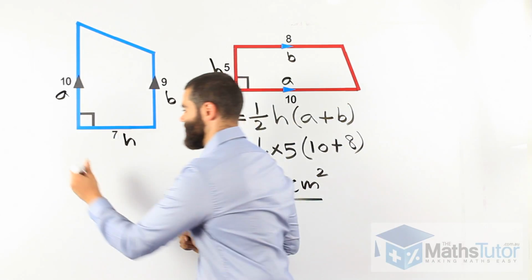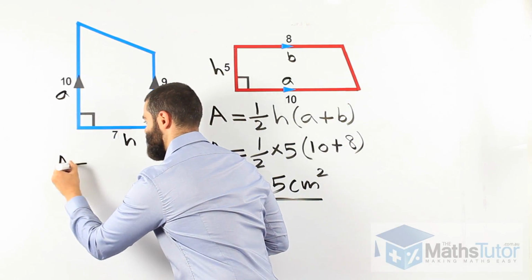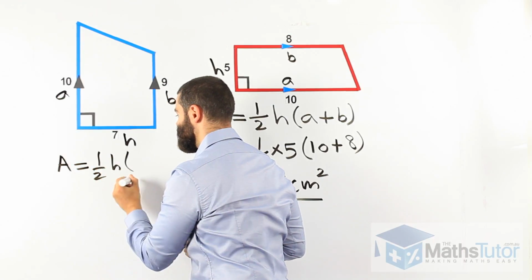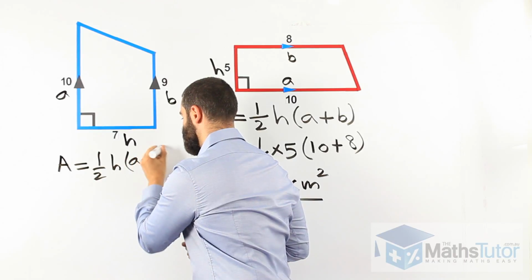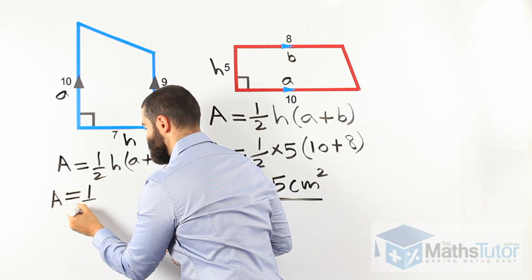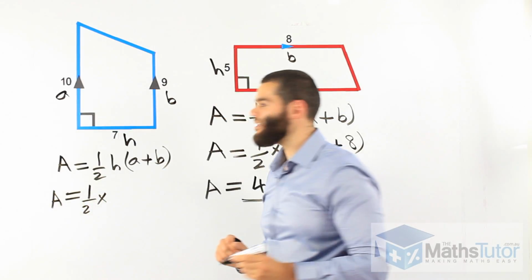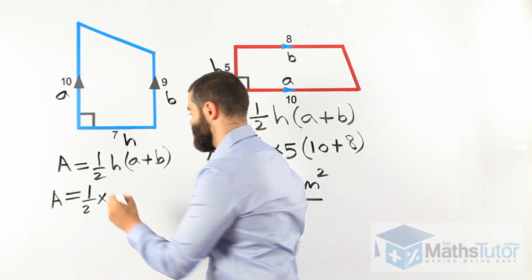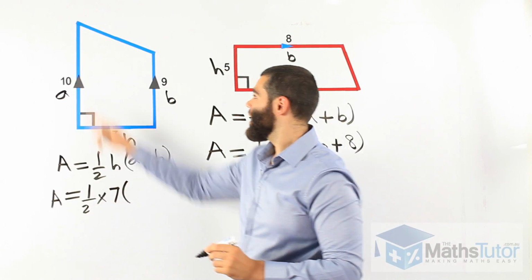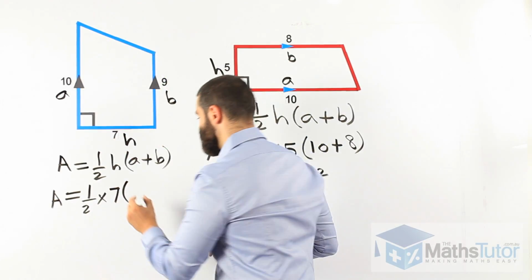We can now work it out. Half times the height, A plus B. The height is 7, brackets A plus B. A is 10 and B is 9.